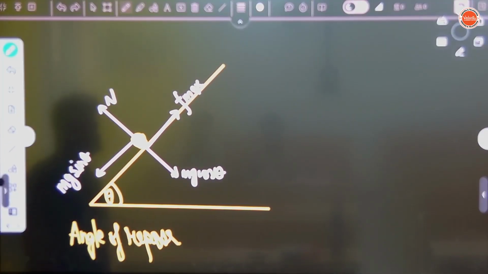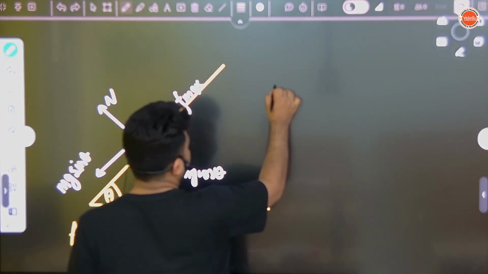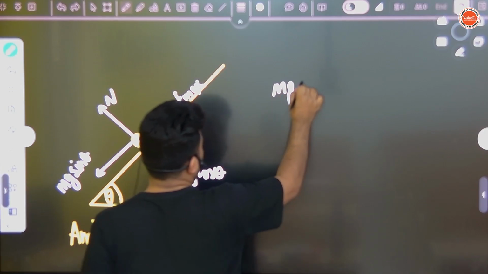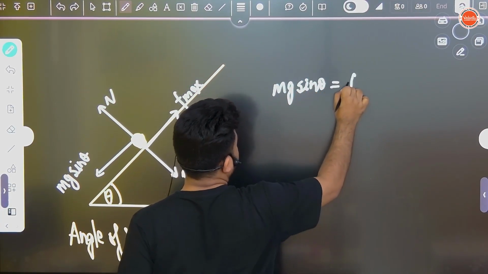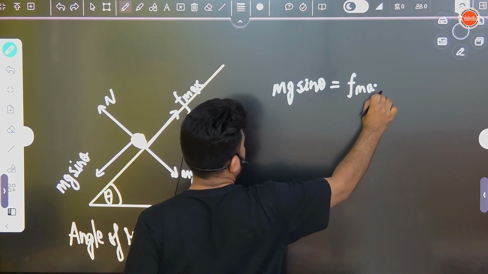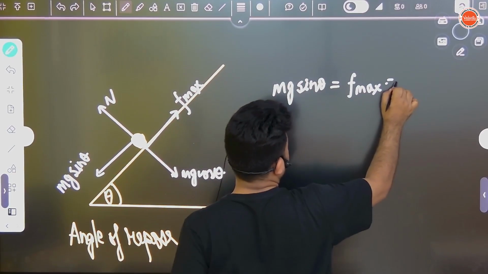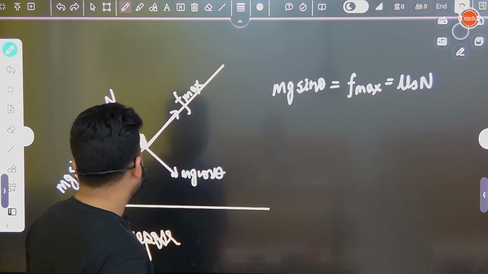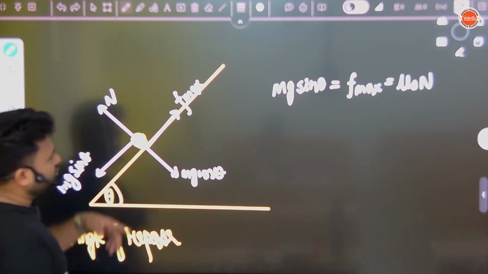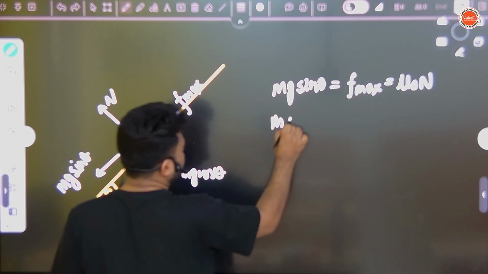Now what you can write? mg sin theta, because the object is at rest, equals F max. F max is mu s into N, and normal equals mg cos theta.